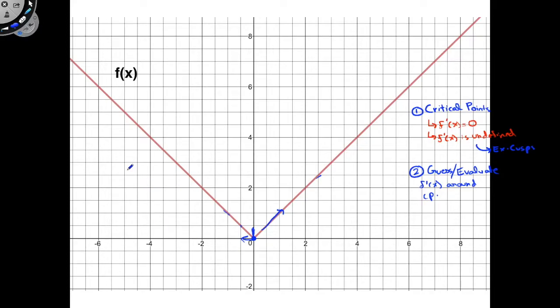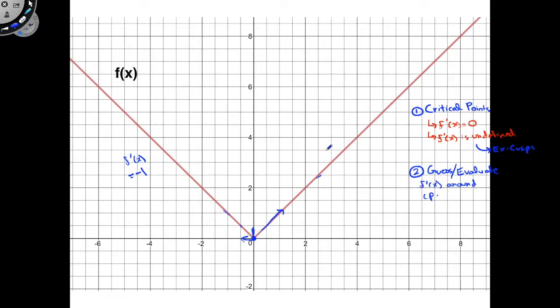So f prime of x here would be equal to -1 for everything to the left of 0.